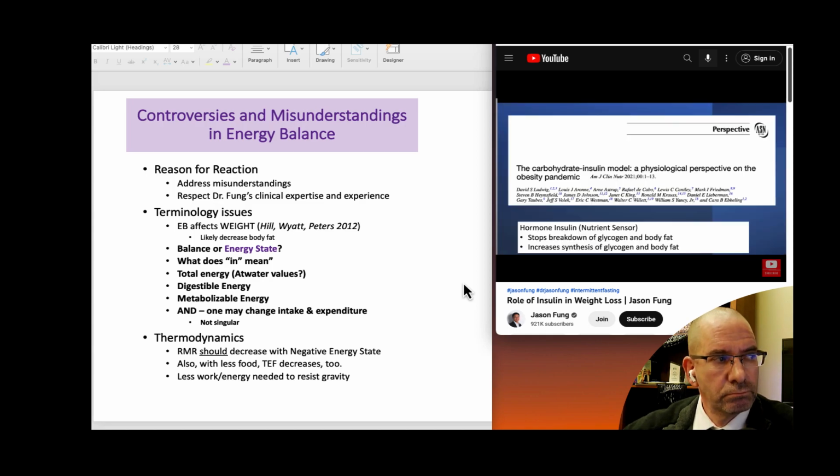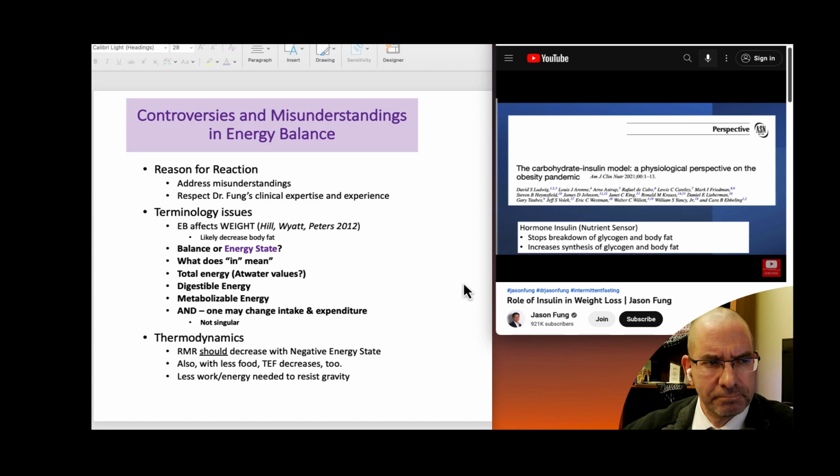And this model, sometimes called the carbohydrate insulin model, is promoted by Harvard scientists such as Dr. Walter Willett, Dr. David Ludwig, and other luminaries, which is in this paper from 2021. And the main hormone that they talk about is insulin, although there are smaller hormones that also contribute, such as cortisol.